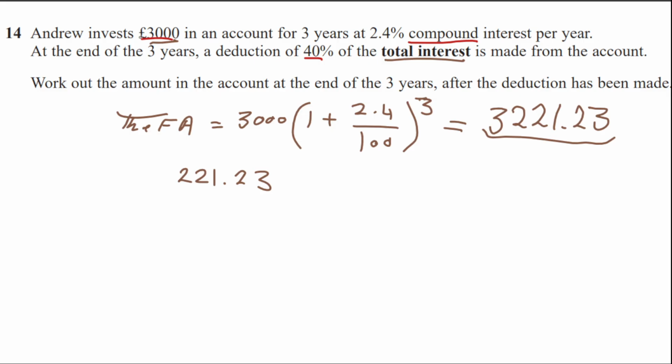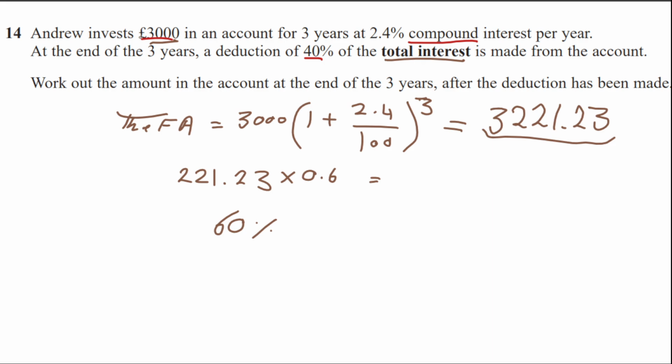Since we deducted 40%, we can do times 0.6. What did I do now? We deducted 40%, that means we kept 60% for him, right? That's why I did times 0.6.